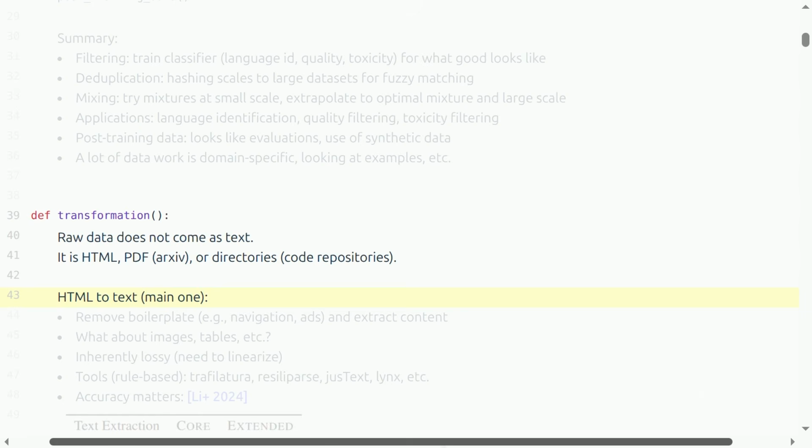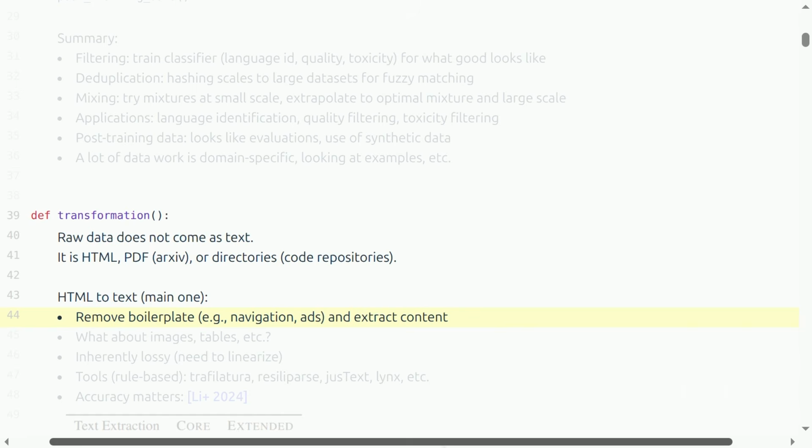And for this processing, this is fairly heuristic. There's removing of boilerplate, like navigation and ads, and extracting content, which is the main part of the page. And there's some subtleties around what constitutes content.